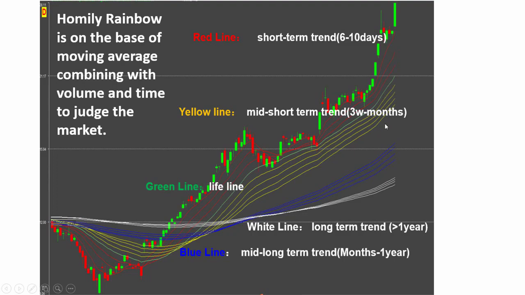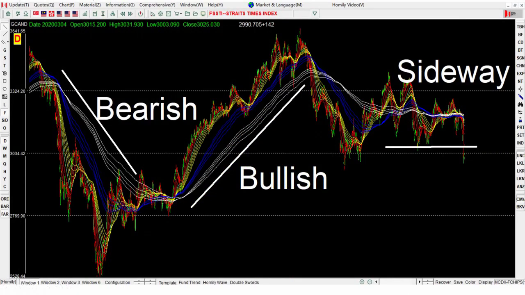So this is the homely rainbow. From the white line, it can tell us whether it's bear, bull, or sideways. We just check the white line. If the white line turns down, it's bearish. At least it will go down for 1 year. If the white line goes up, it's bullish.